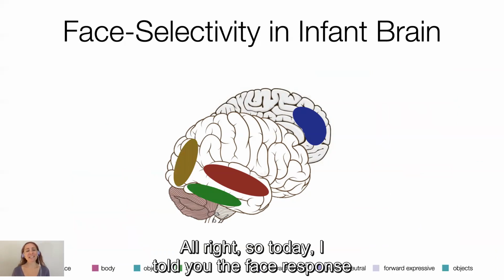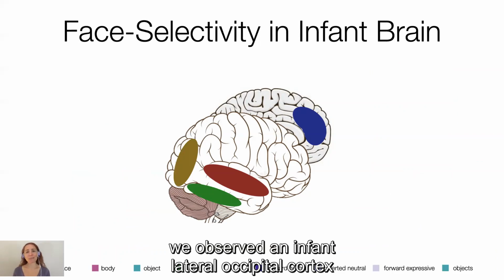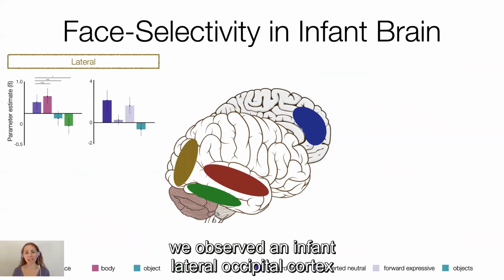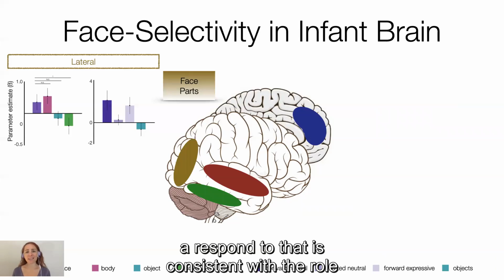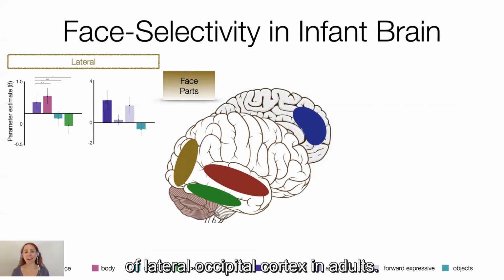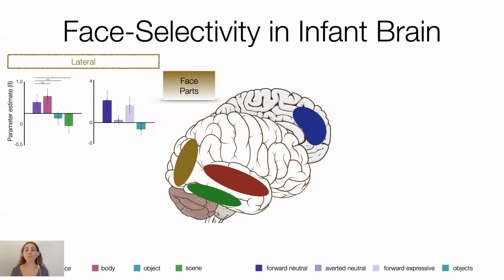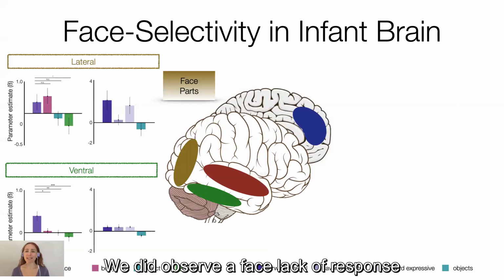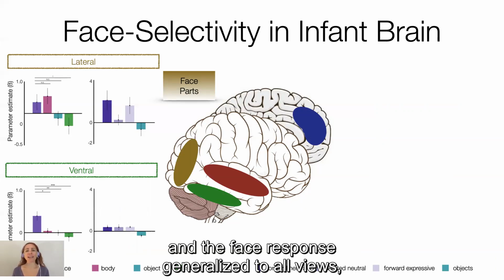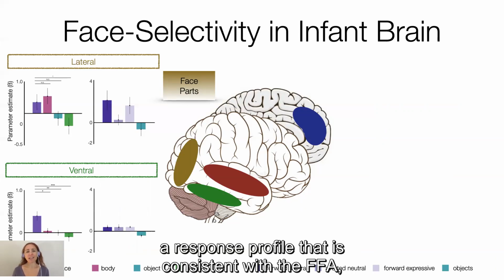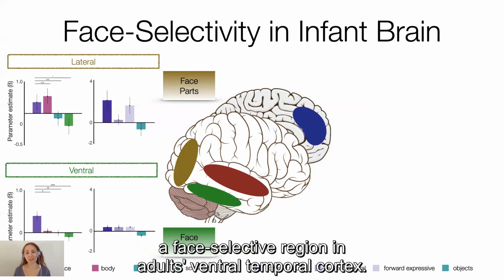All right, so today I told you the face response we observed in infant lateral-occipital cortex was not face selective and responded most to forward faces, a response that is consistent with the role of lateral-occipital cortex in adults. We did observe a face-selective response in infant ventral-temporal cortex, and the face response generalized to all views, a response profile that is consistent with the FFA, a face-selective region in the adult ventral-temporal cortex.